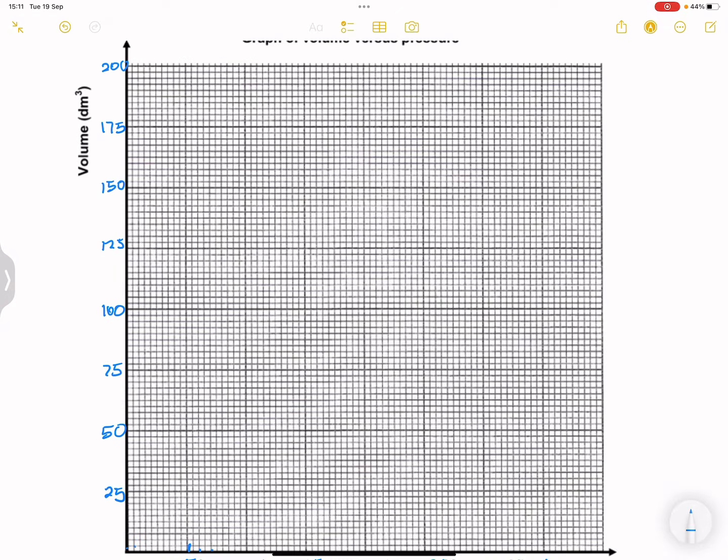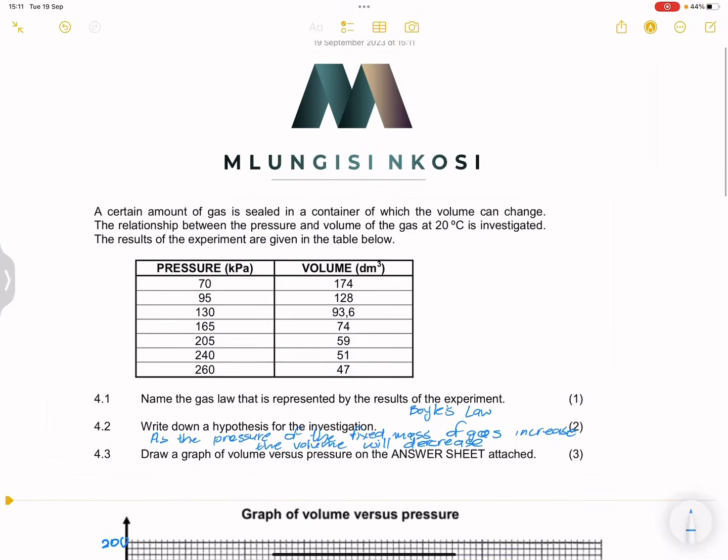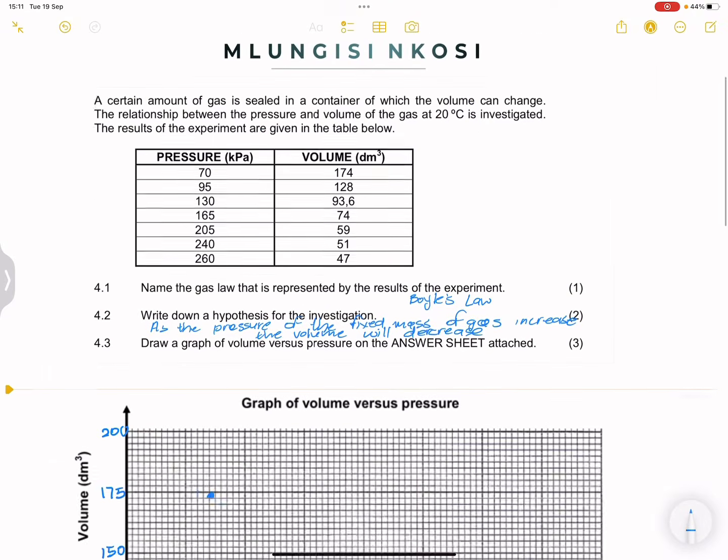So we had 50, 60, 70, and 174. I'm just going to put it a little bit below there. That's our point. And then the next one, I've got 95 and 128.